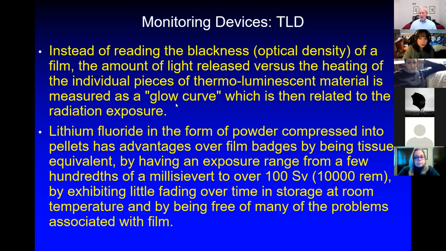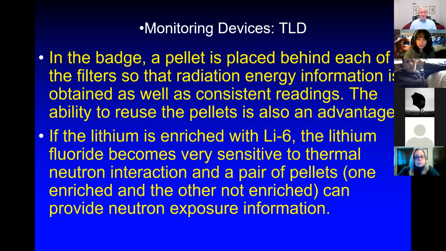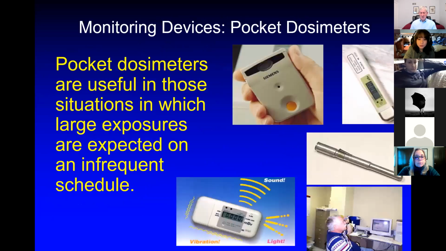And this is not done by us, but by a company that specializes in this. What's in the TLD is lithium fluoride. Lithium fluoride was chosen because it happens to be a molecule where the electrons are easily bumped up to higher orbitals and they stay there. I'm going to skip that, not important.